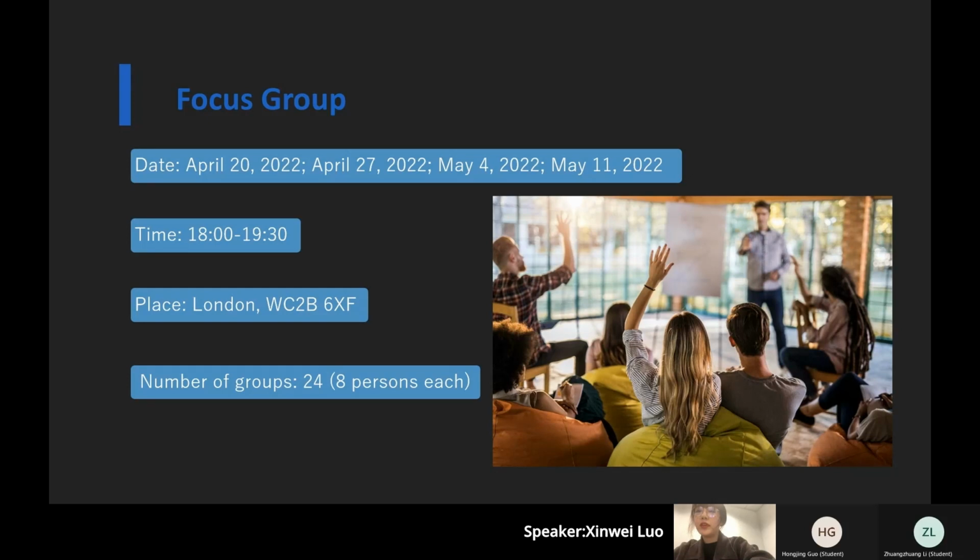The focus groups will be held in professionally rented spaces, ensuring the safety and privacy of the interviewees. They will be held over 4 days, with 6 different age groups held simultaneously in 6 rooms each day, and 6 professional moderators hired to interview specific age groups. Each group consists of 8 people and a focus group lasts 90 minutes.